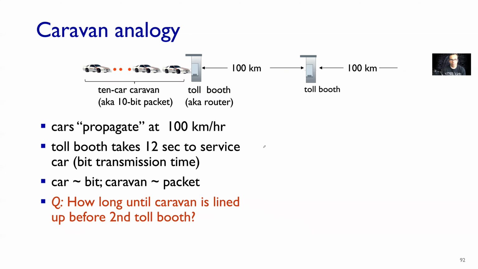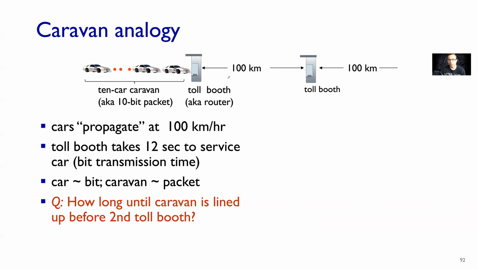Imagine we have a caravan of 10 cars, and there are toll booths on a highway, and there's no other traffic on the highway except this caravan. The cars are being driven, propagating at 100 kilometers an hour.